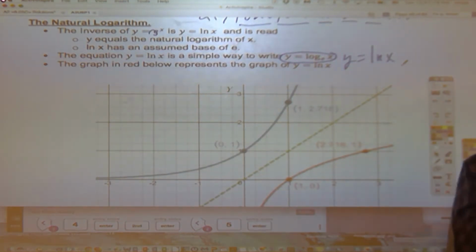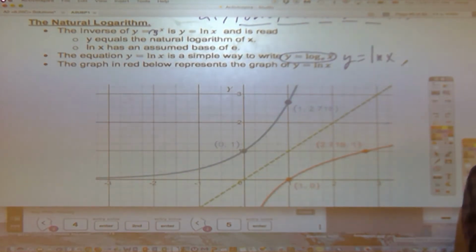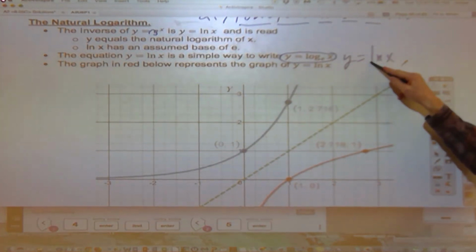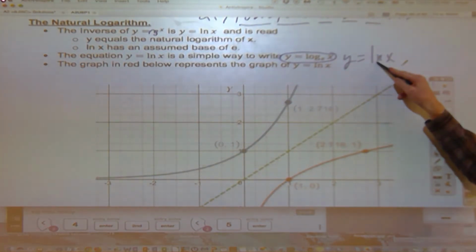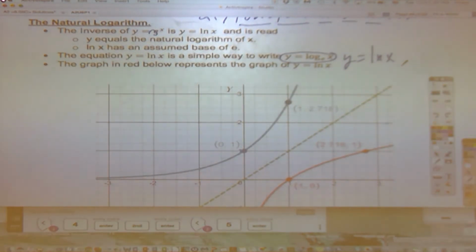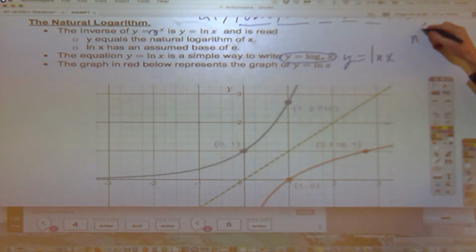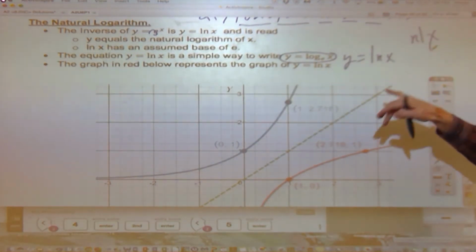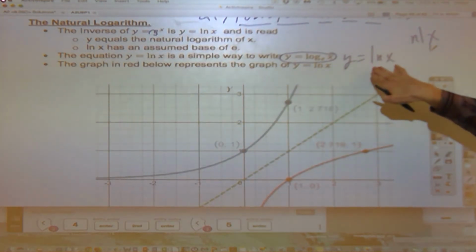The L stands for log, the N stands for natural. Even though we pronounce it natural log of x, it's written with the N and L switched, as log natural, but you say natural log.